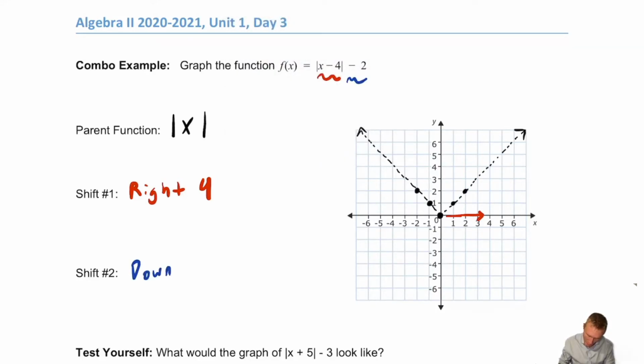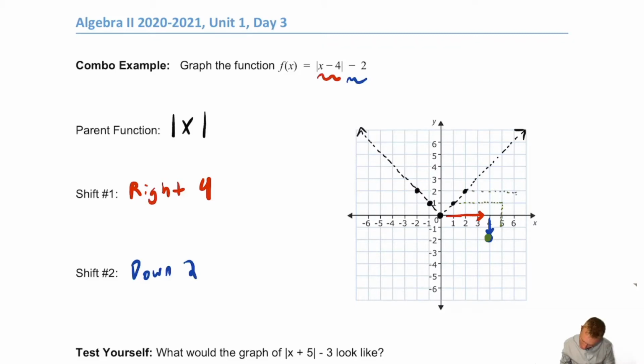And when we're working with absolute value, you can kind of see it's the same logic that I've been applying when we graph the absolute value functions. The vertex is at (4, -2). But not only is it at (4, -2), all you have to do to graph any point is go right 4 and down 2.